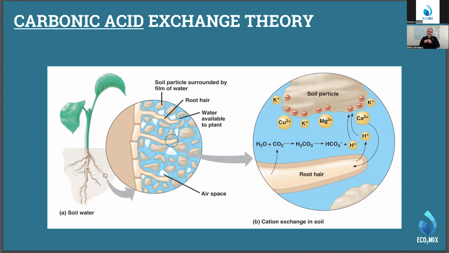And then the new bicarbonate is the one that's going to transport calcium, potassium, copper, magnesium, and other nutrients into the plant. Here we can see that carbonic acid is key in the natural interaction between the plant and the nutritive solution near the root zone.